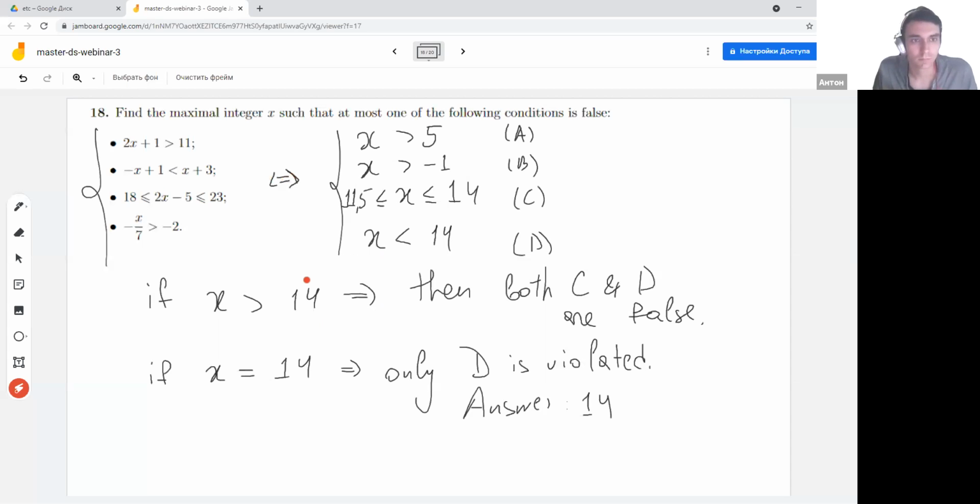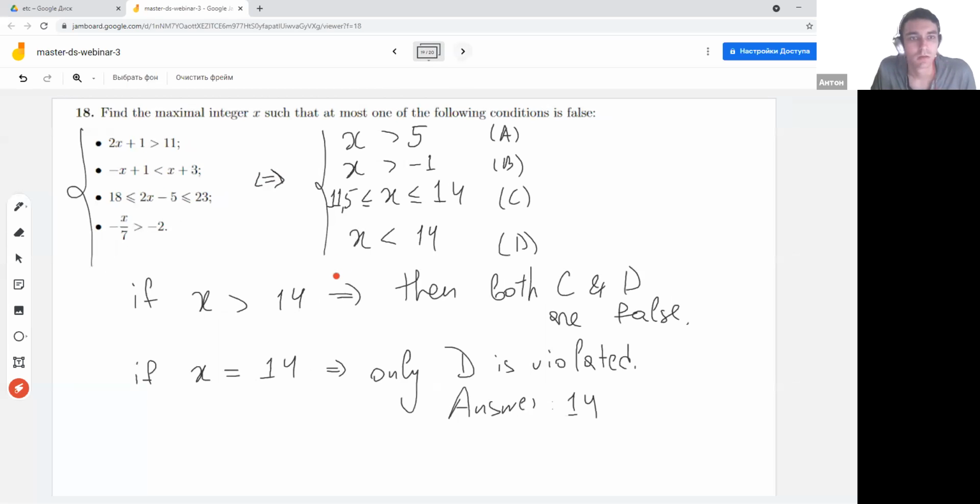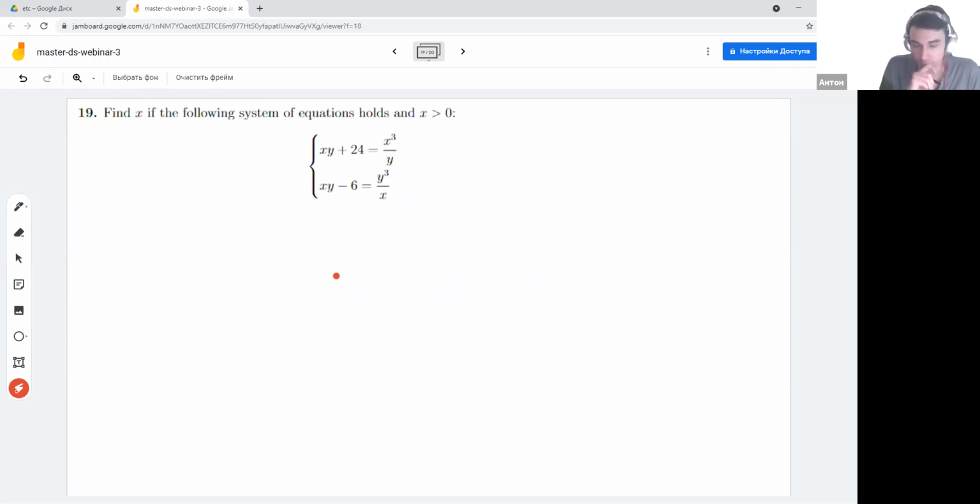Fine. Our next problem is this one. To be honest, I spent 20 minutes yesterday to solve it, which is not really good, because you have 20 problems for 90 minutes. So you don't have much time per problem. So please keep the time in mind.